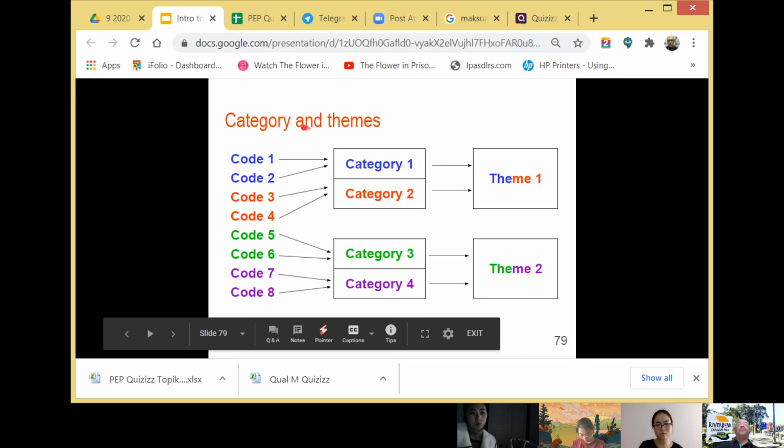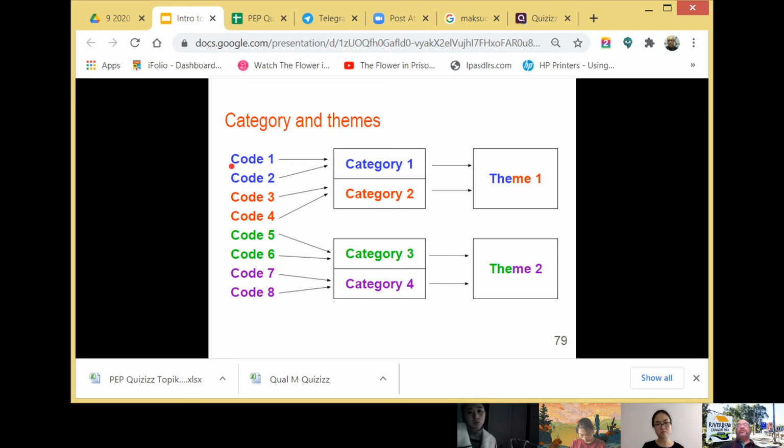For example, when you interview people, what are your hobbies? The person you interview gives many answers. For example, they like to play football, they like to sing, they like to play badminton.